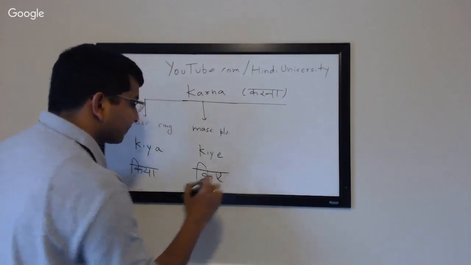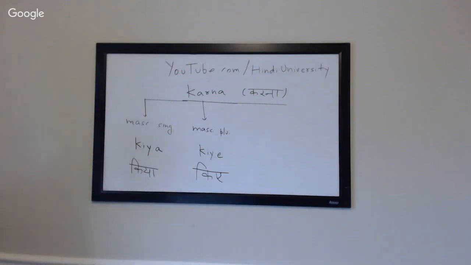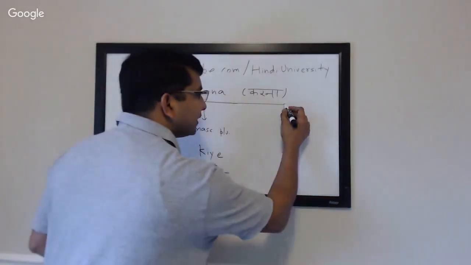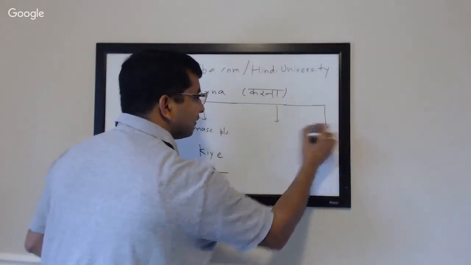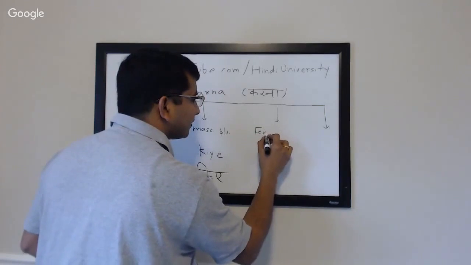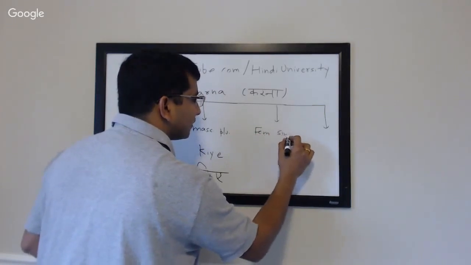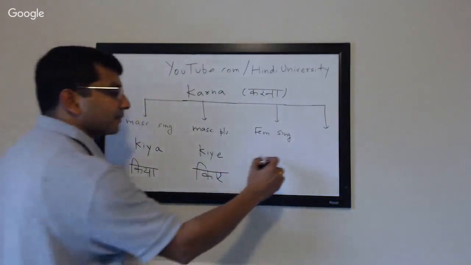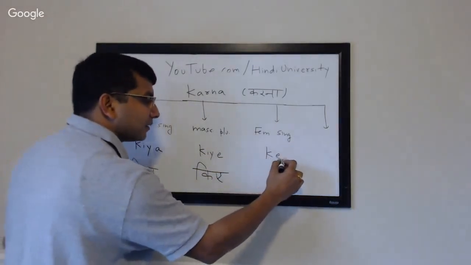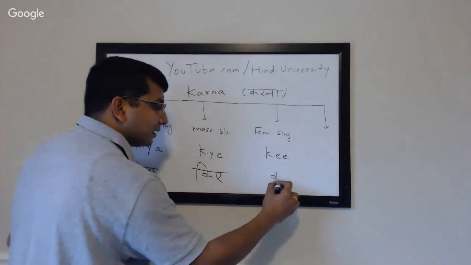Kiye. Okay. Now, what if you're using it with objects which are feminine singular? It would be kee. Kee.